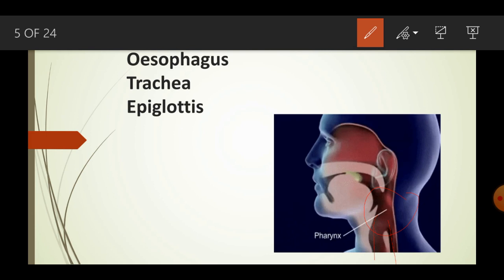Glottis is the opening of the windpipe during swallowing. If the epiglottis fails to function, it may lead to a serious life-threatening condition known as choking, where the food enters the trachea and obstructs the process of respiration.